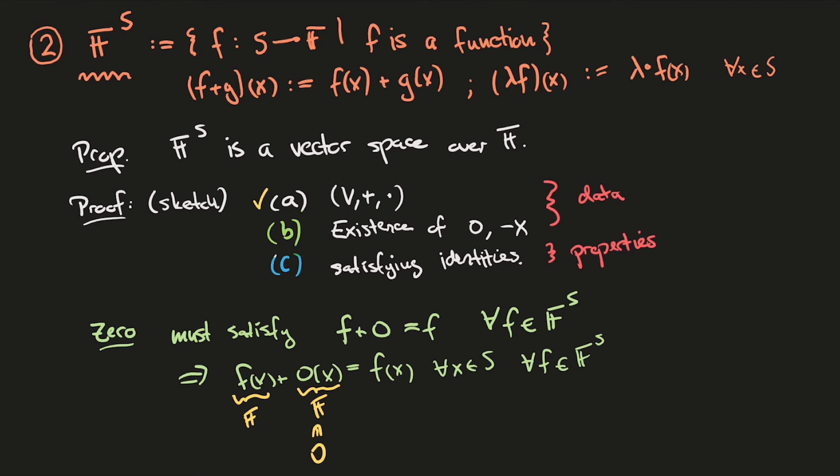In fact, this 0 in F is uniquely determined, which means that we're forced to choose the 0 in order for this equation to hold.